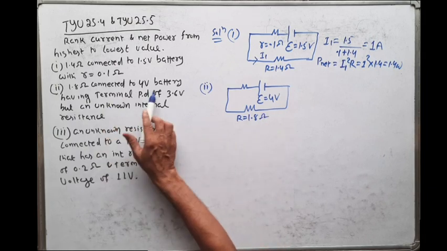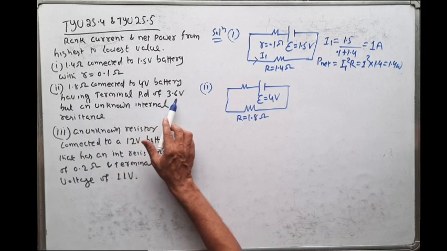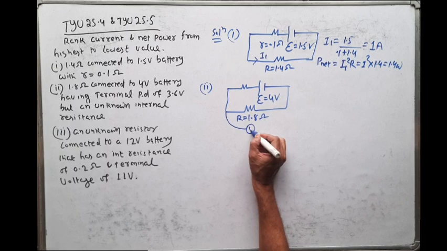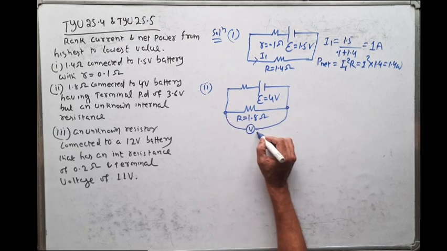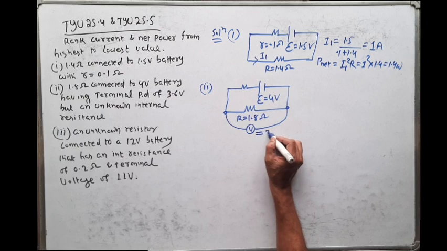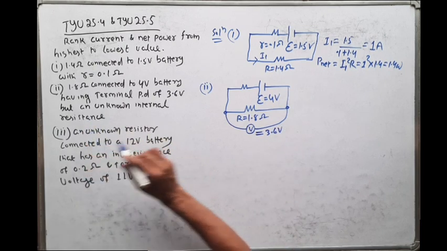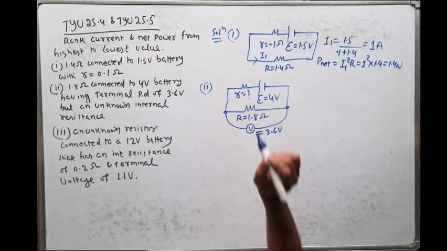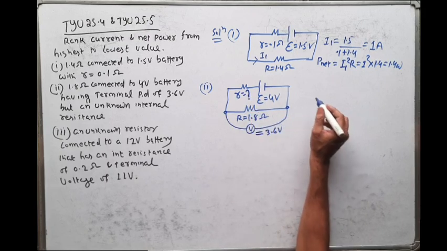And it is a 4 volt battery having terminal potential difference of 3.6 volt. If we connect a voltmeter across these two terminals, the voltmeter will read 3.6 volt. But an unknown internal resistance. We don't know what this internal resistance is. So we have to calculate what the current is.